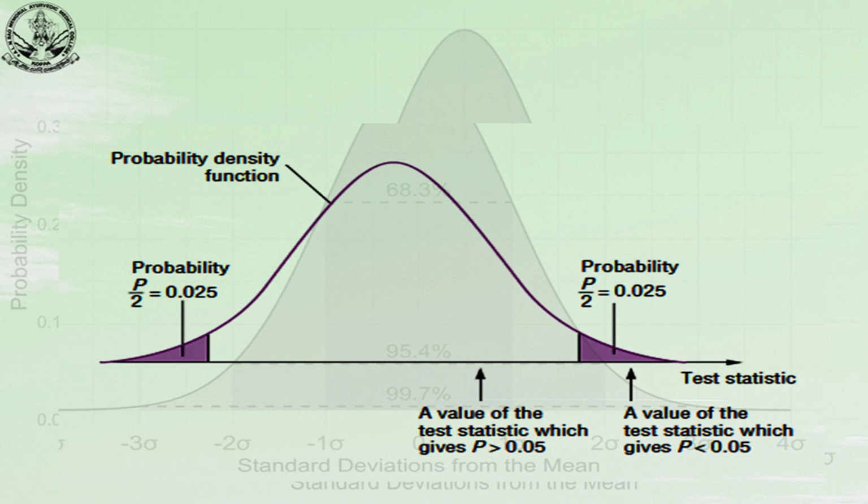Here we have shown the probability density function for 95%. A value of the test statistic in this middle area gives a p-value of more than 0.05, while on either side you can see the p-value is 0.025. So a value of the test statistic which gives a p-value overall less than 0.05 is when it falls on either side.